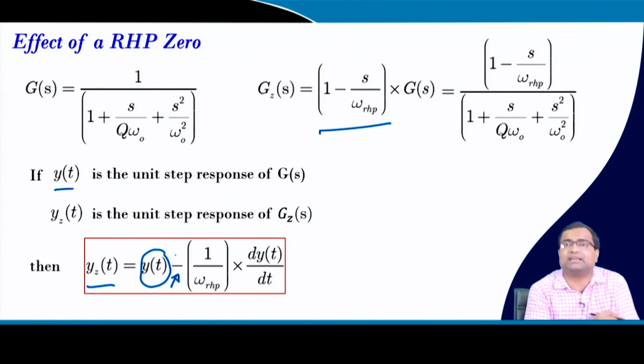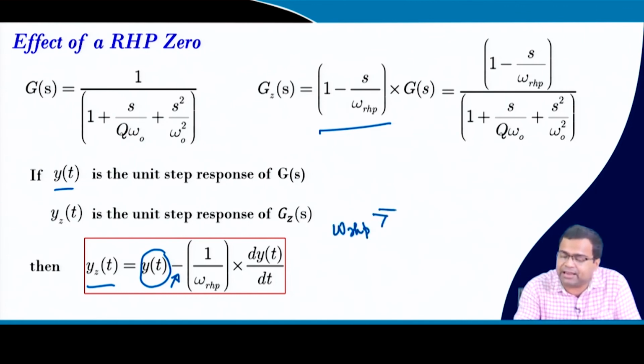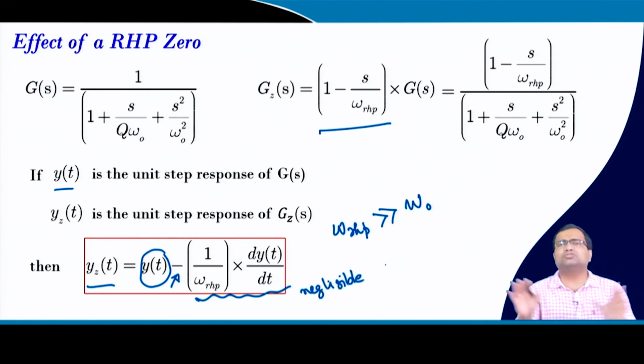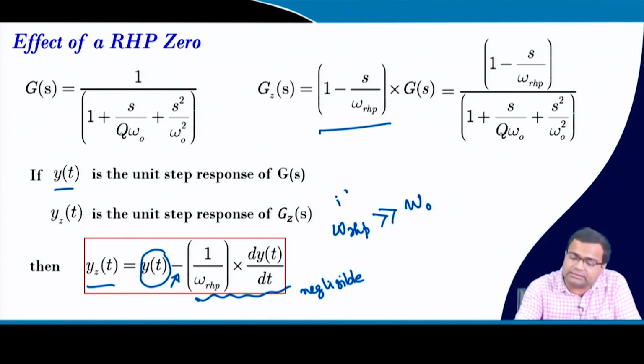Now, there is a negative sign. Again the same analogy, if omega RHP is very far, then this effect is negligible, it has no effect.